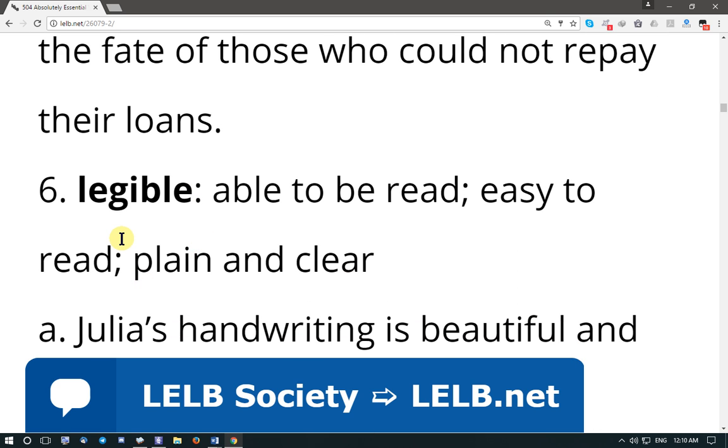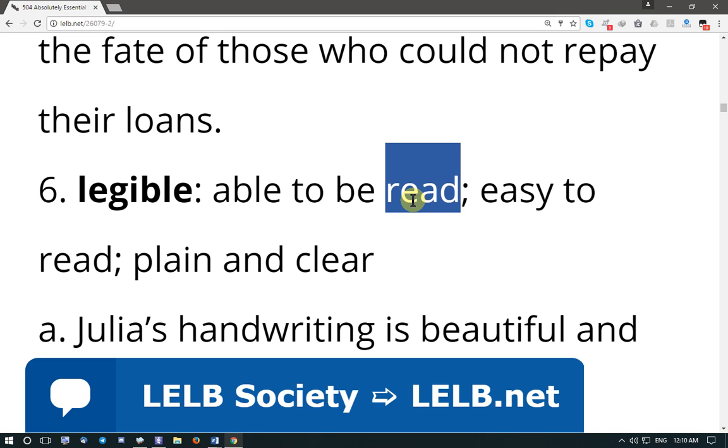Okay. Word 6. Legible. Legible means able to be read. Pay attention to the pronunciation here, because the first or the usual form of read is read. The simple past is pronounced read, and also the past participle.